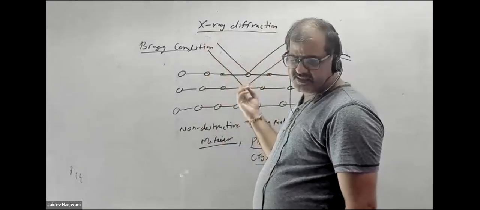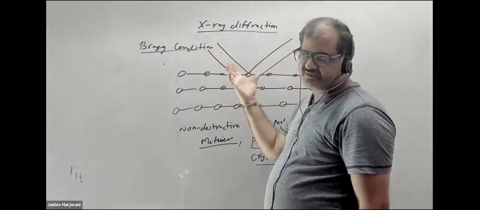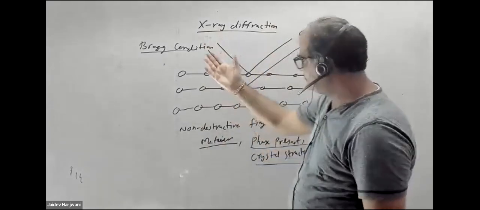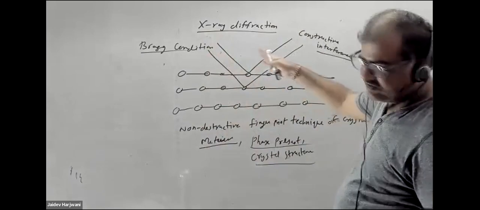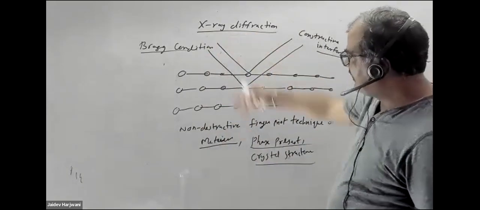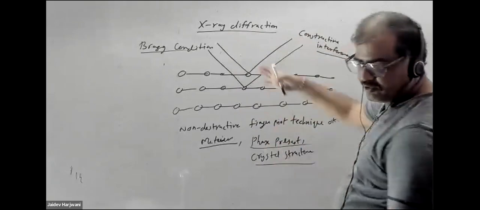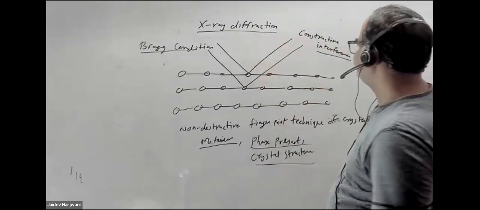So that is the main difference between diffraction and reflection. Reflection is a surface phenomenon, while this is scattering, not a surface phenomenon. This X-ray can penetrate deep inside the crystals, more than reflection. Okay, so हाँ, यहाँ हमें कंस्ट्रक्टिव इंटरफेरेंस इसके लिए मिल रहा है कि सब एक फेज में है.